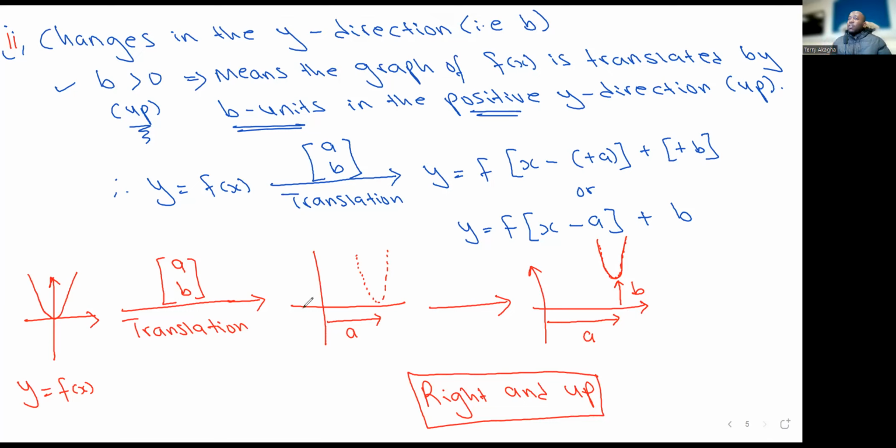Also, it's possible that B is greater than 0 and A is negative. So we could have y is equal to f of x, and this graph will be undergoing a translation.